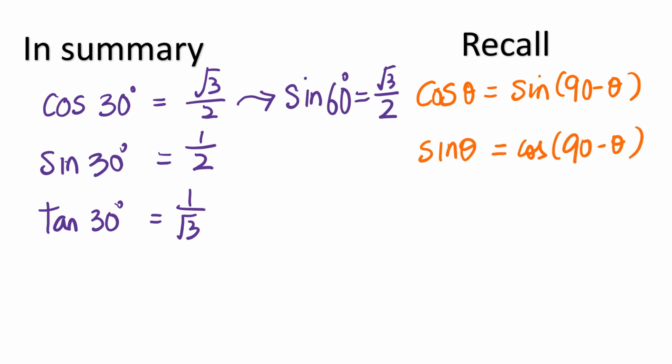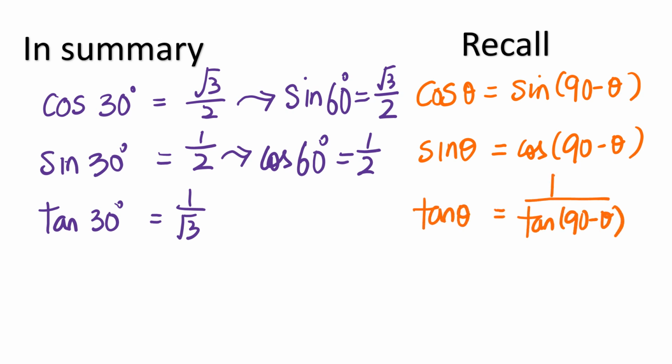Okay, and then for sine theta, you can find it by taking cosine of 90 minus theta. So if your theta is 30 degrees, sine 30 is actually cosine 60. So these two angles are called complementary angles. So tangent theta is 1 over tangent bracket 90 minus theta.